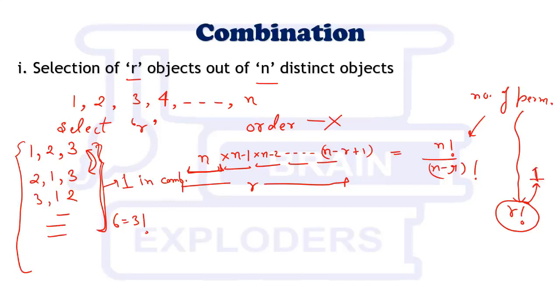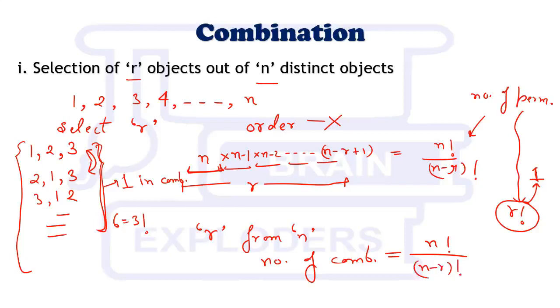So for the combination, to select r from n, the number of combinations is equal to n factorial over (n minus r) factorial times r factorial, which is also represented as nCr.